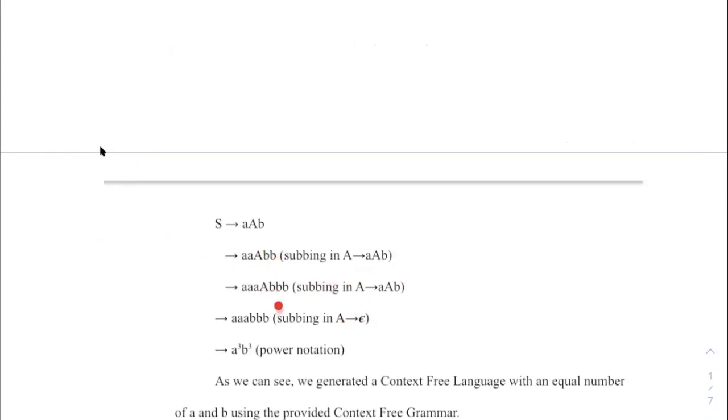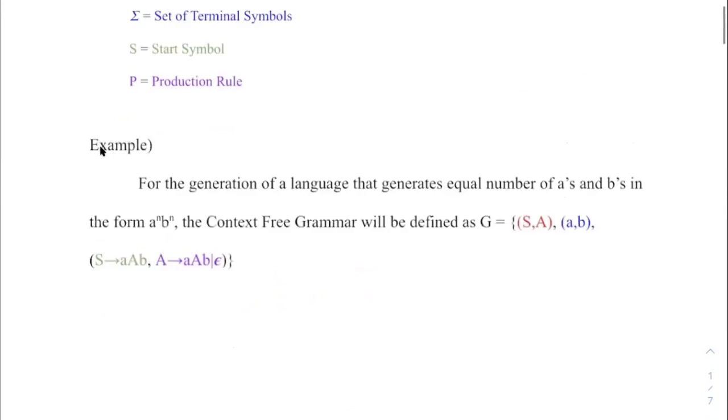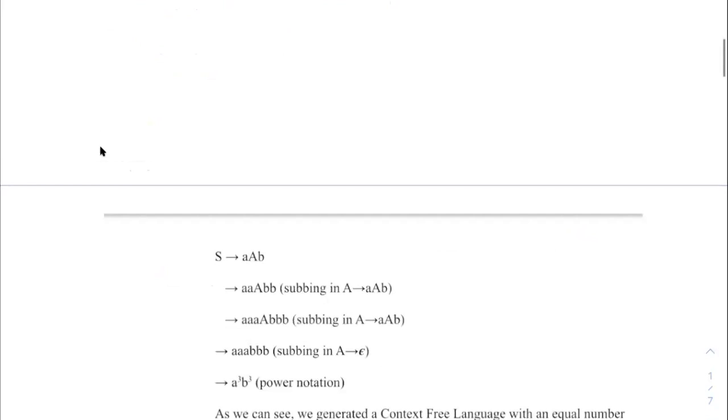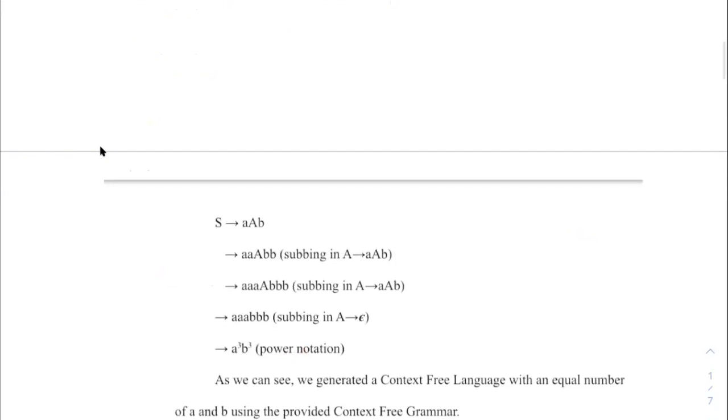We're able to take it out right here. It's gone now. And if we look at what the rules were, we want the number of A's to be equal to the number of B's. So it's a to the n, b to the n. When we put it in power notation, we get a cubed and b cubed. In other words, a to the n, b to the n if n equals 3.